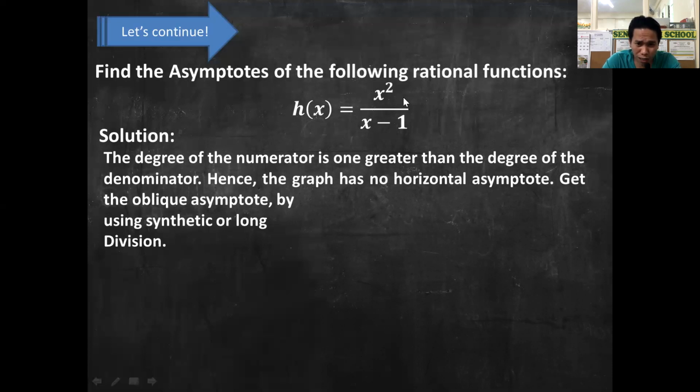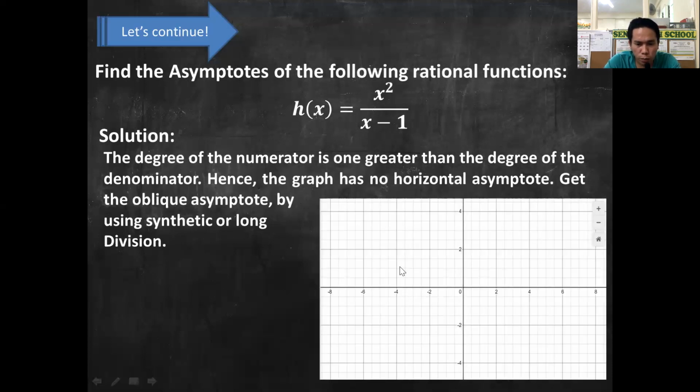Get the oblique asymptote by using synthetic or long division. Kapag lamang na 1 point ang numerator sa denominator ng kanyang degree, we are going to divide them using long or synthetic division. So x squared divided by x minus 1. Kanina, ang value ng ating vertical asymptote is 1.